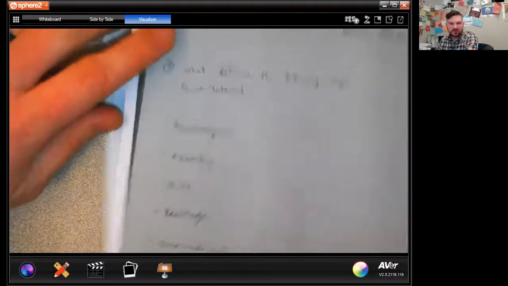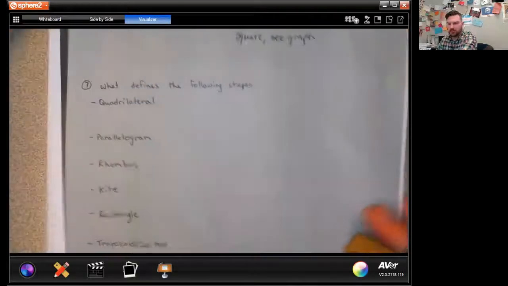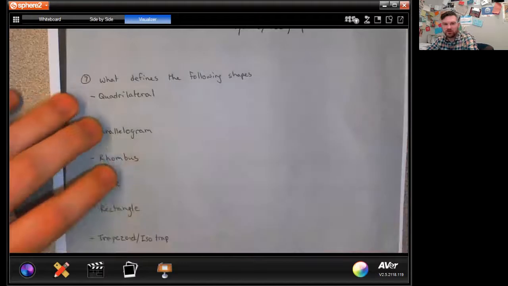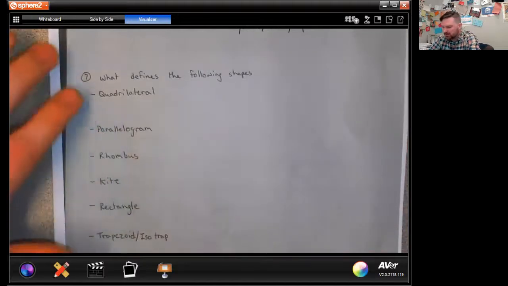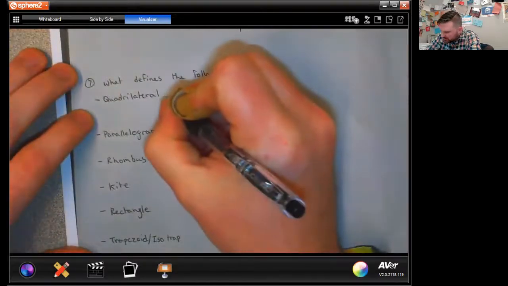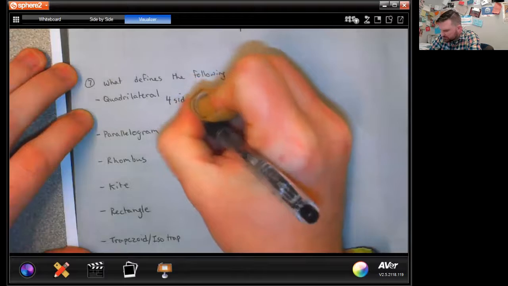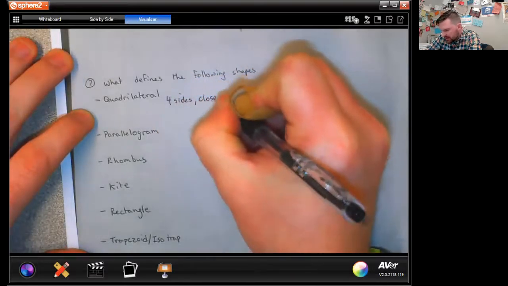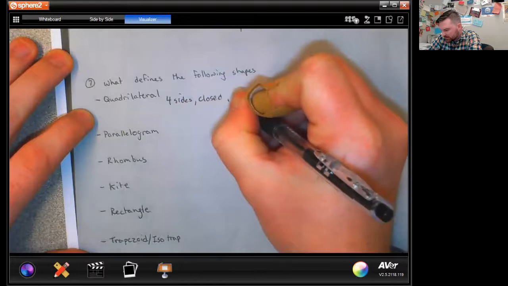Now, what defines the following shape? So this is pretty important stuff here. Okay, this is straight from our notes and properties that we use through this whole review. So what defines a quadrilateral? 4 sides, okay, closed, and segmented.